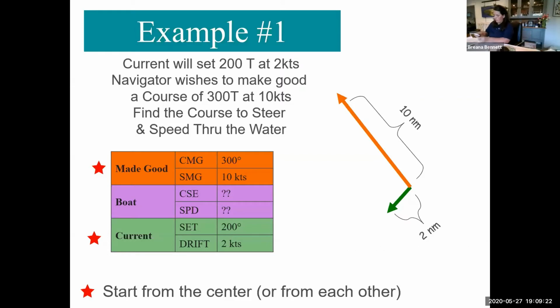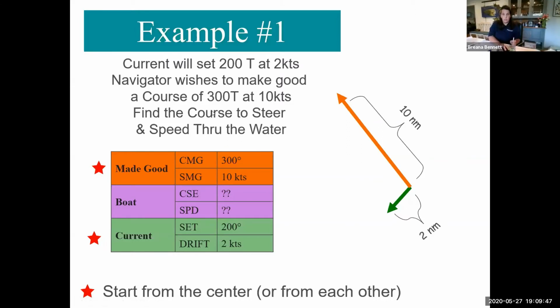Sorry, I'm writing this all down here. We have a set and drift of 200 degrees at 2 knots. The navigator wishes to make good a course of 300 degrees at 10 knots. What should you steer?